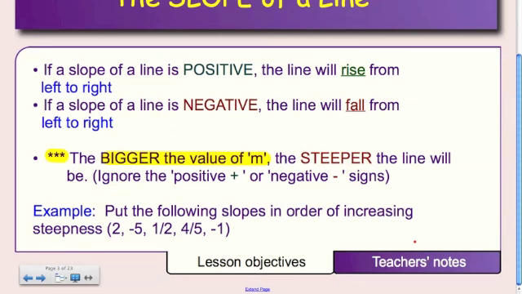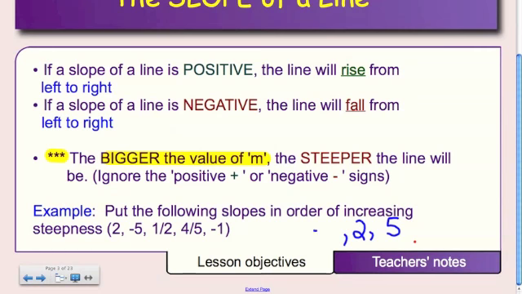So if we're going to put these slopes in order, if we ignore the negative signs, what would be the largest number here? Yep, Allegra. Yes, so 5. And then the next largest number would be 2, because the positive or negative just represents whether it's increasing or decreasing. It doesn't represent the steepness.